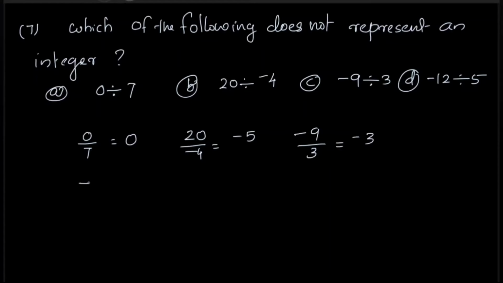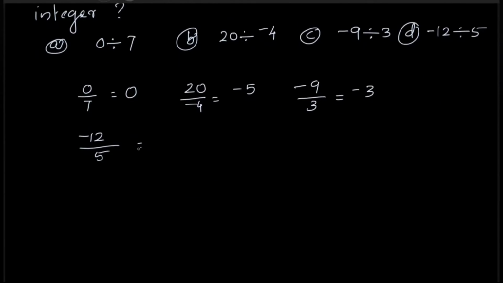But negative 12 divided by 5, here 12 is not divisible by 5.